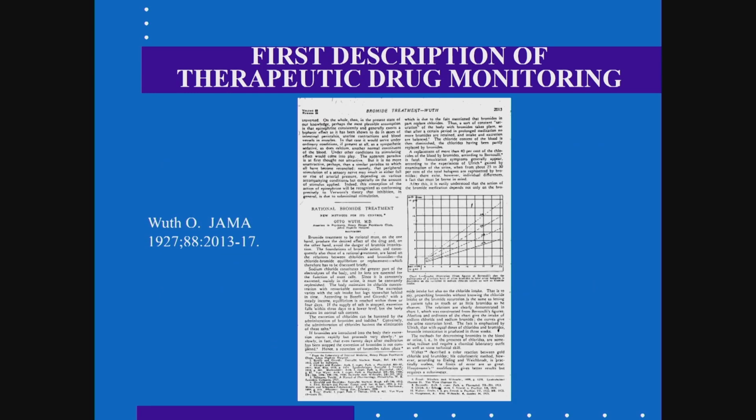Now, the first description of therapeutic drug monitoring that we have on record is that of Dr. Wuth using bromides and establishing ranges of therapeutic concentrations of bromide as a sedative.